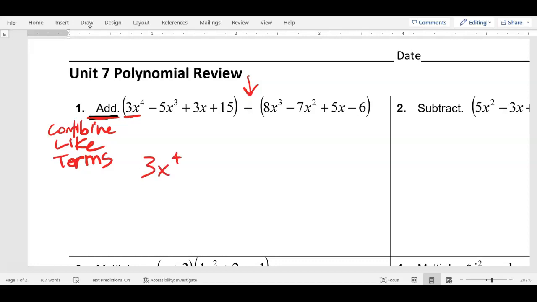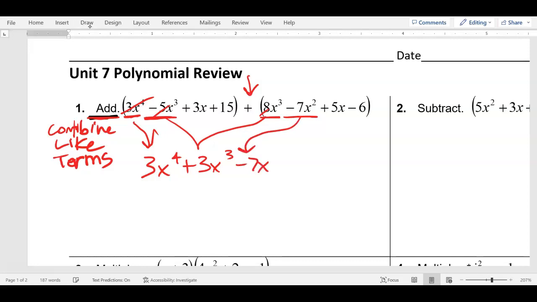Okay, now the next highest power is negative 5x cubed plus 8x cubed. What's negative 5x cubed plus 8x cubed? That gives me 3x cubed. Cool. All right, now squared. The only squared I see is right here, minus 7x squared. Cool.